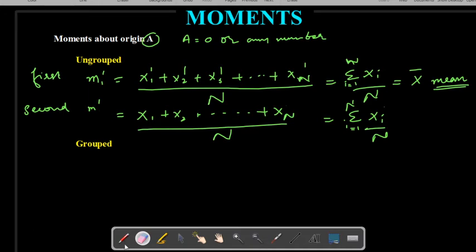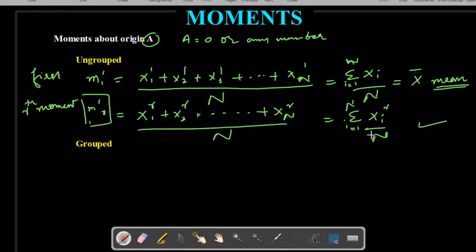You can write mr dash equal to x1 power r, x2 power r, etc., xn power r. So this is the rth moment.